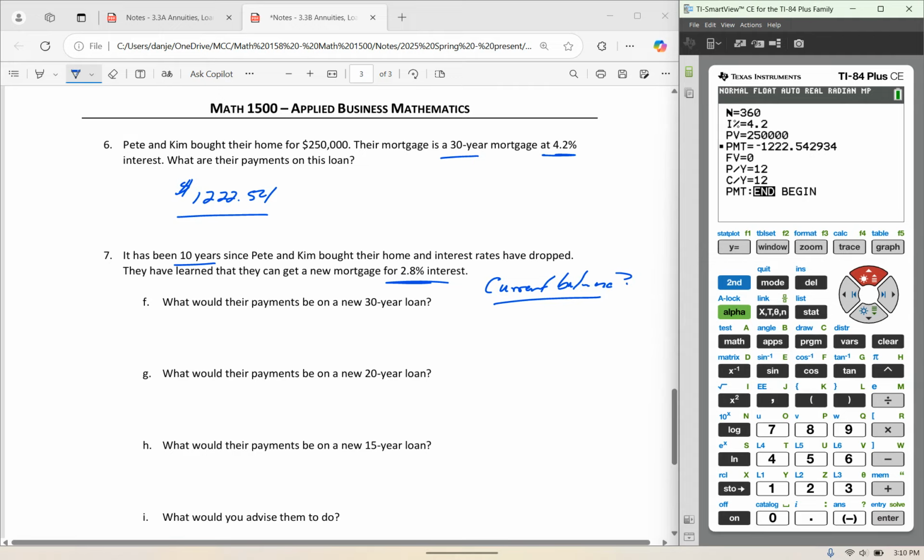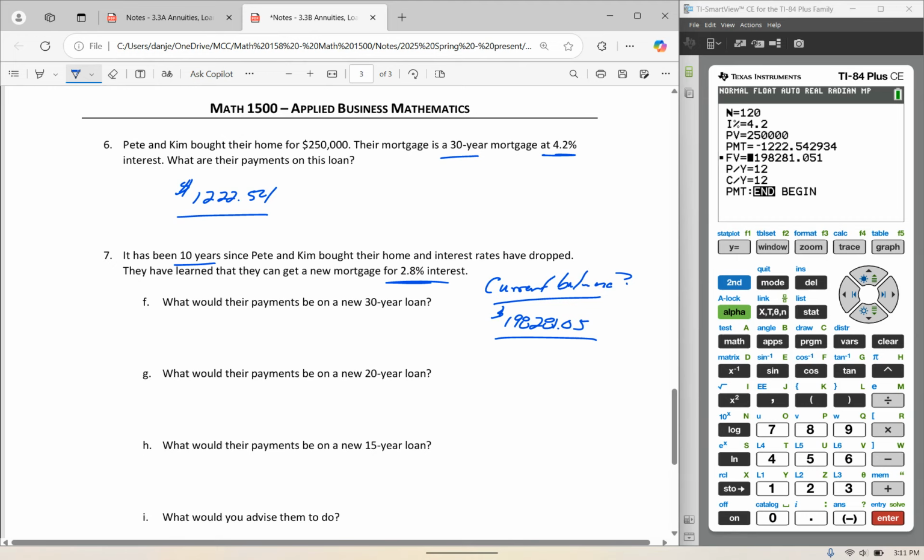All I need to do is say, I've been paying on that for 10 years. So I've made that payment 120 times. What's my current value of my mortgage? The future value after 10 years would be $198,281.05. That's their current amount.